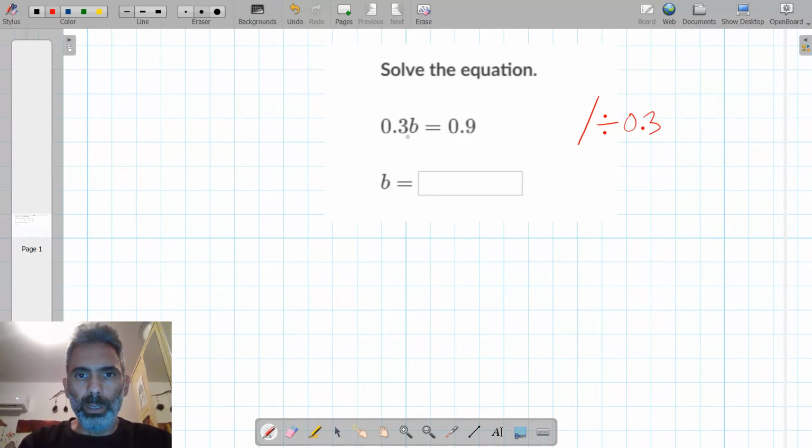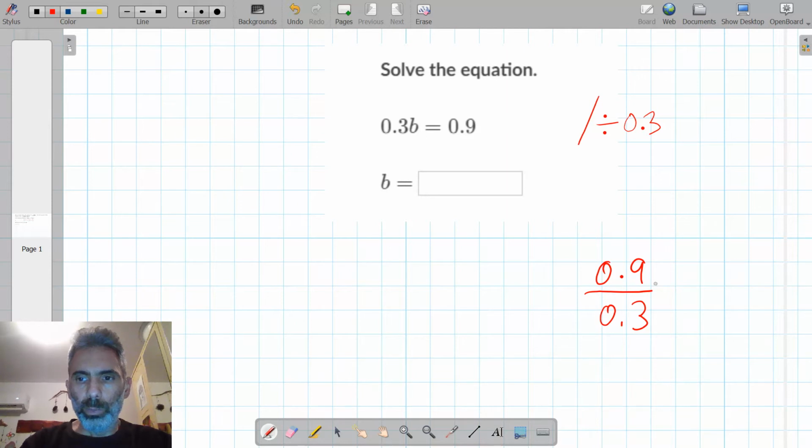So after we divide the left-hand side by 0.3, we are left with only the b, and 0.9 divided by 0.3.